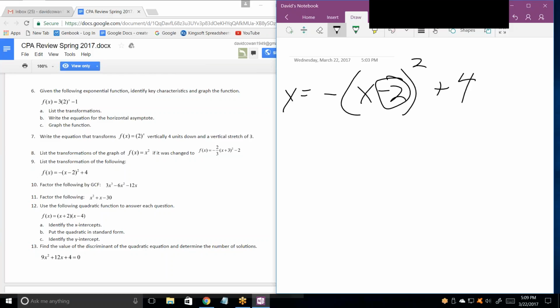To the right by 2. Yeah, right. To the right. Remember the standard is always x minus h. And positive h's are to the right, as you would expect. Negative h's are to the left, as you would expect. And what's the 4? A vertical shift upward. On we go.